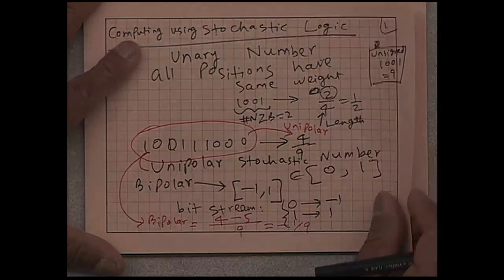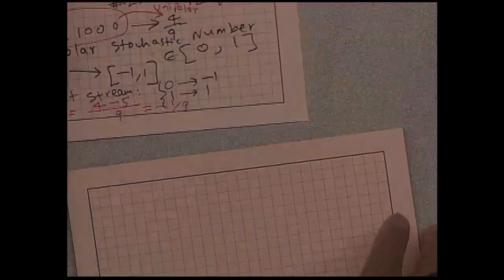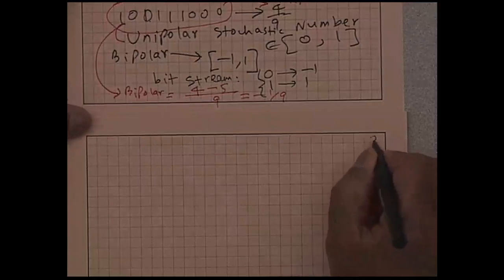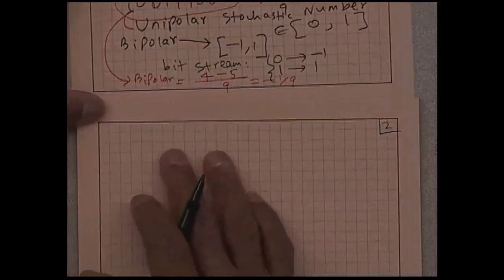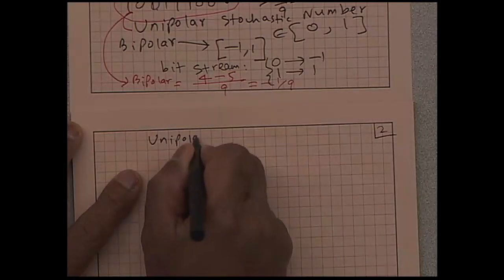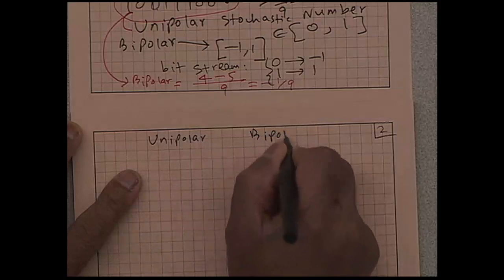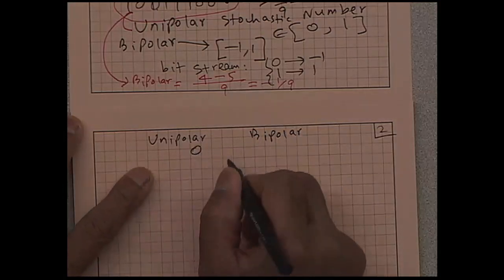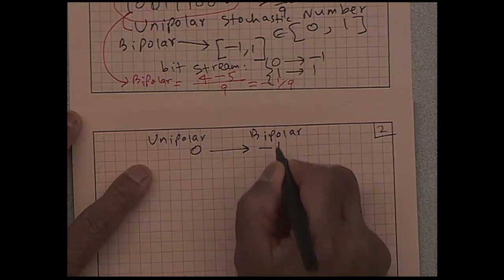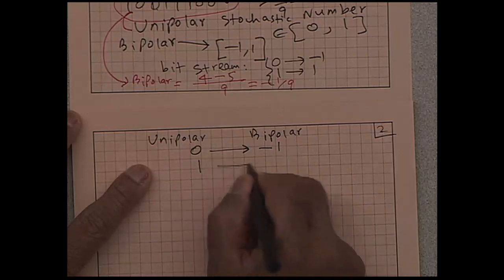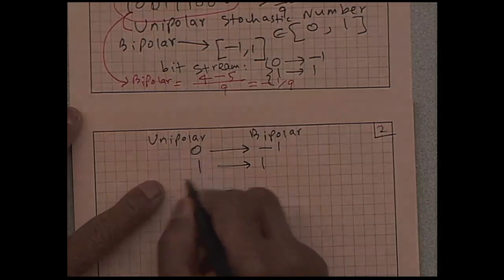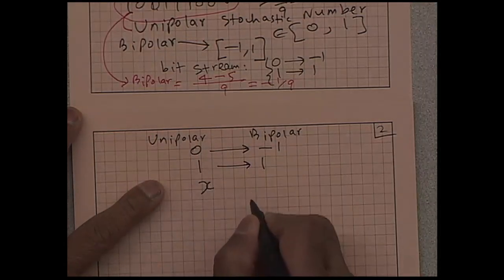So if a certain bit is 0 or 1, unipolar 0 matches to bipolar minus 1, unipolar 1 matches to bipolar 1. So in general, if I think of this as a variable x, this is a linear mapping.